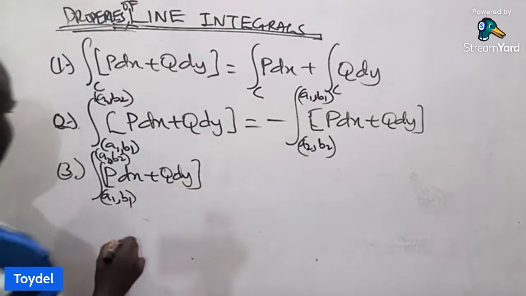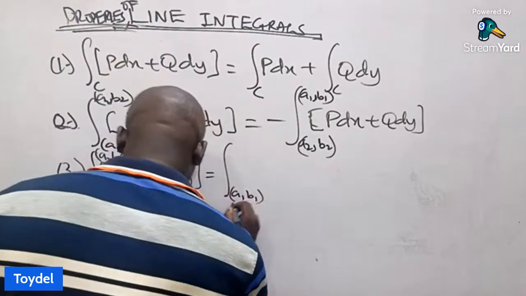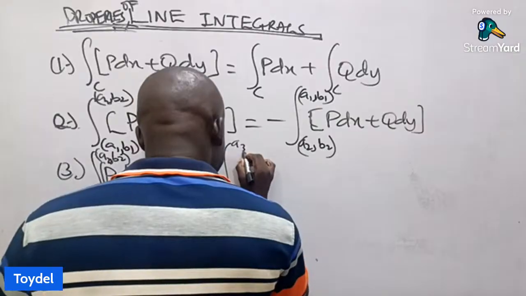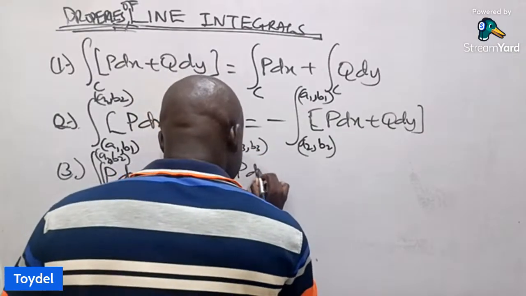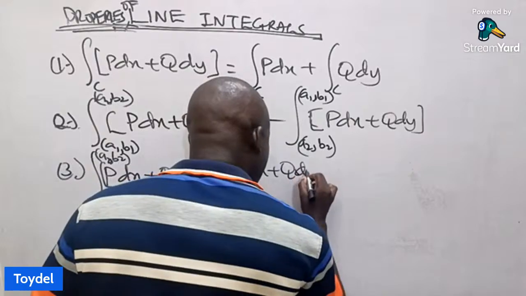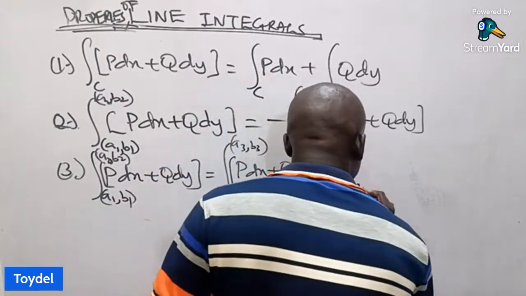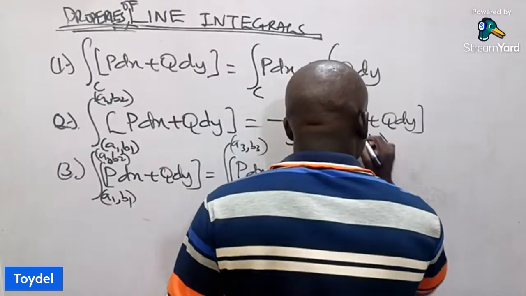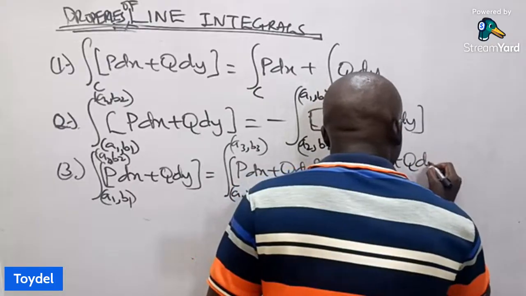This can be split into the integral from (a1, b1) to (a3, b3) of P dx plus Q dy, plus the integral from (a3, b3) back to (a2, b2) of P dx plus Q dy.